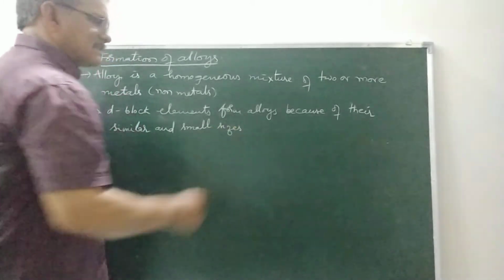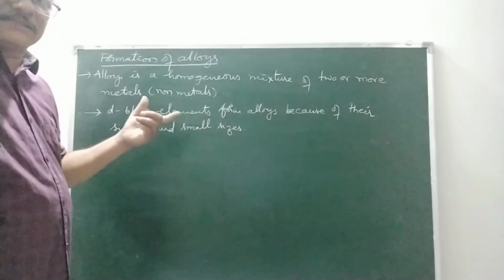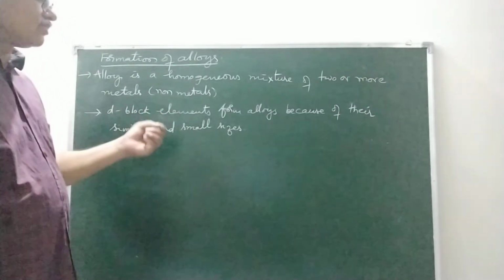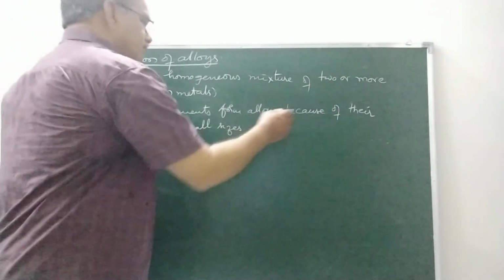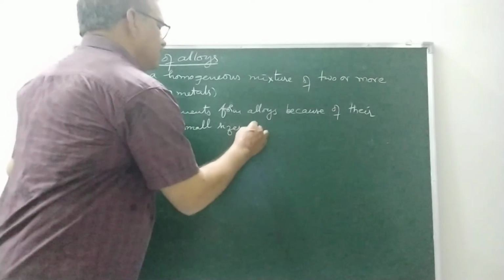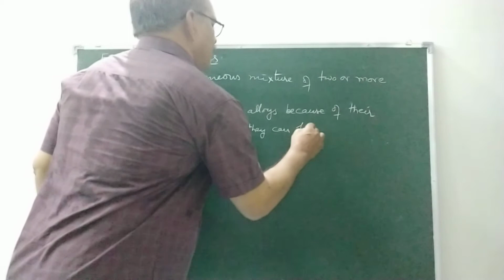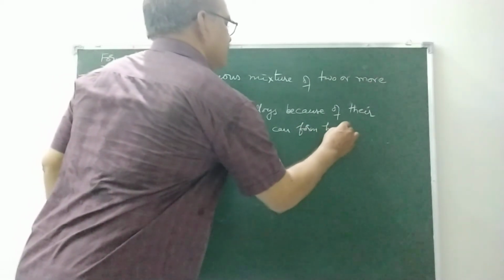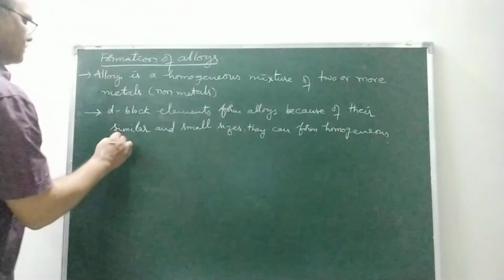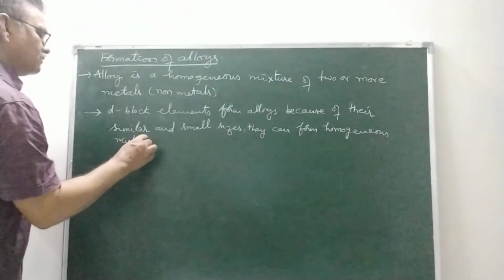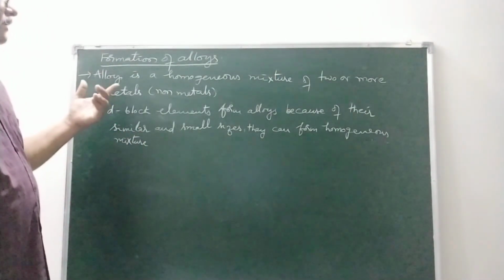So the difference between the sizes is also less and the size is also less. Because of their small and similar sizes they can form a homogeneous mixture. So this is the reason.